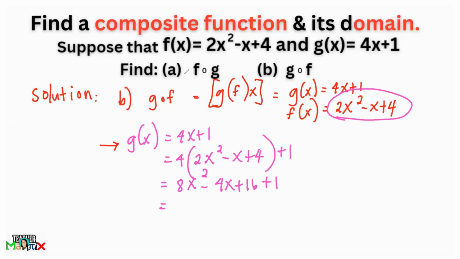Combine the like terms. Since the only like terms here are the two constants, 16 and 1. This 8x squared and negative 4x are not the same.